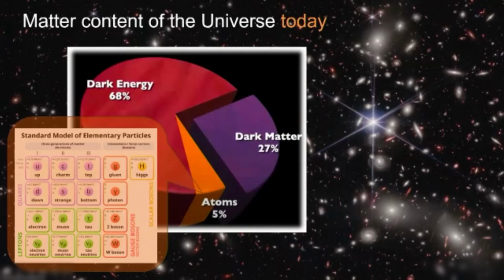We actually know this 5% quite well. Matter has been studied, has been categorized, has been understood. The standard model of elementary particles describes the matter content of the universe in its form of quarks, making up protons and neutrons, leptons, and the forces that interact between them.